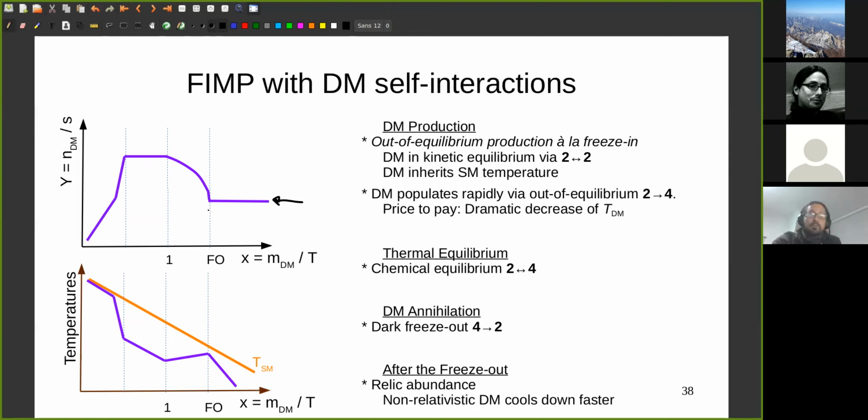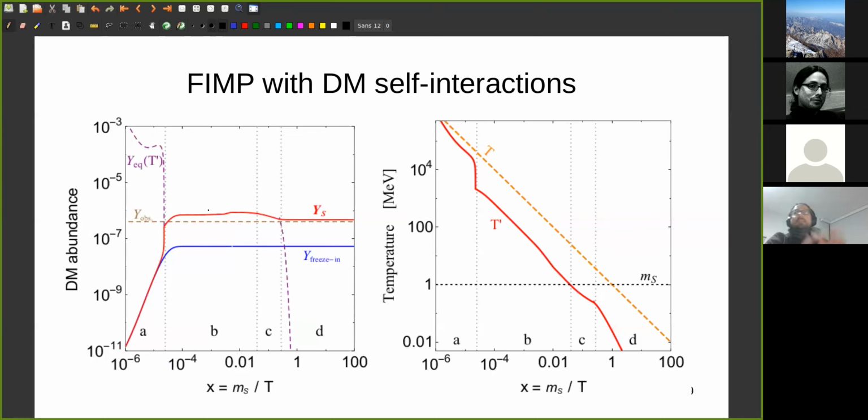This is just a sketch, but of course we solved the Boltzmann equation, and the next slide will show exactly the same information, just coming from solving the Boltzmann equation, which is more complicated to understand. So again, this is dark matter abundance in the case of freeze-in. This line here is freeze-in without self-interaction. Now, if I take into account self-interaction, that's the effect that you have.